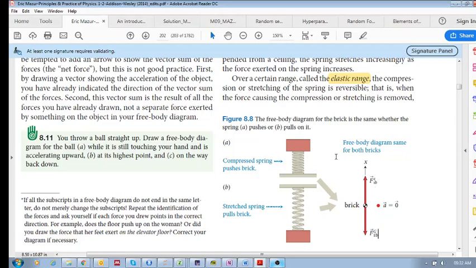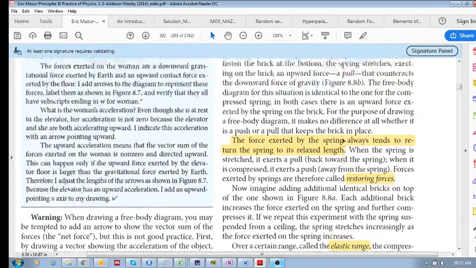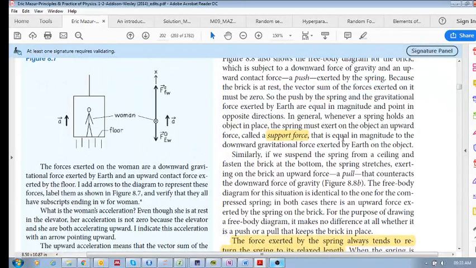Now, whenever we have something like this, where you have a brick compressing a spring and it's in equilibrium, we can call this a support force. So this is called a support force.